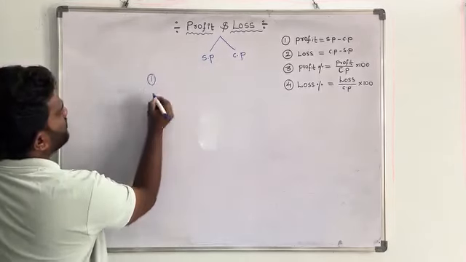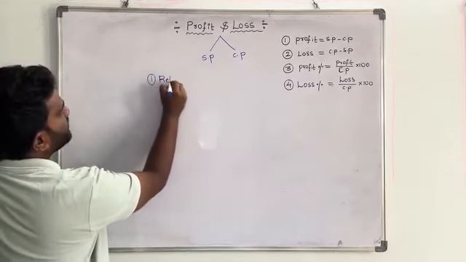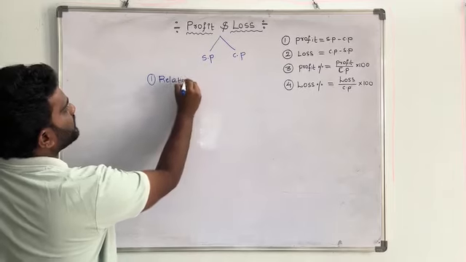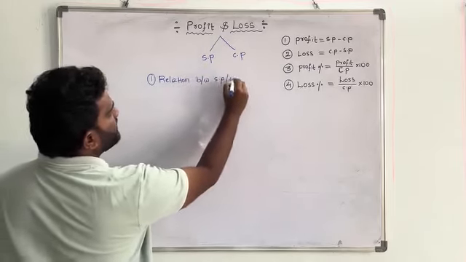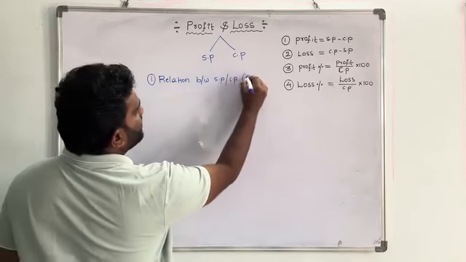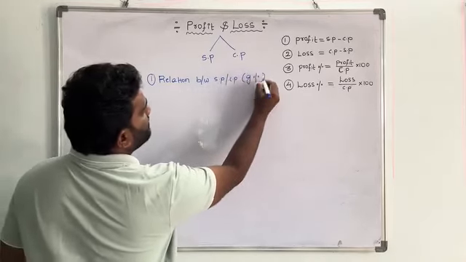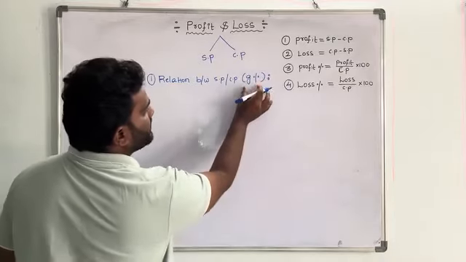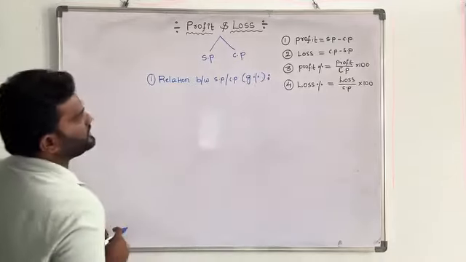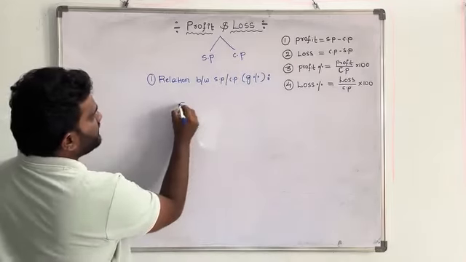First I will discuss the relation between selling price and cost price when gain percent is given. Gain percent or profit percentage, both are the same. You can call it gain percent or profit percentage. So what is the relation?